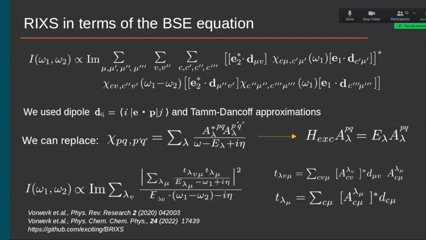Of course, it is a quite long mathematical development to get to the final equation, but I would like to highlight this intermediate step where we arrive at an equation where we have expressed the intensity of the RIXS as a function of the polarizability that we could calculate from the excitation of a core state to the conduction band, and the polarizability that we obtain from the calculation from a valence to a conduction band.